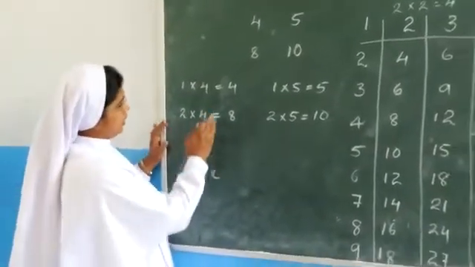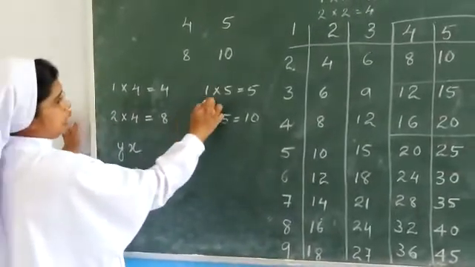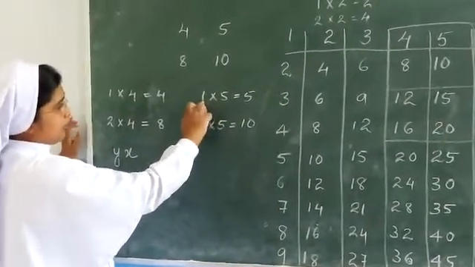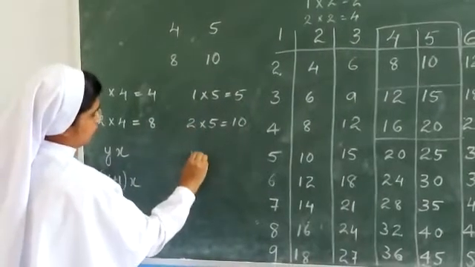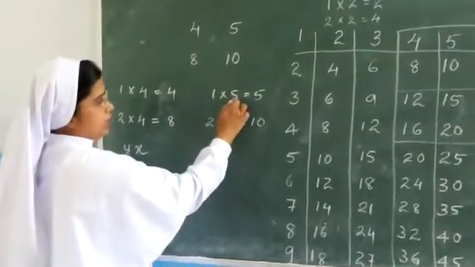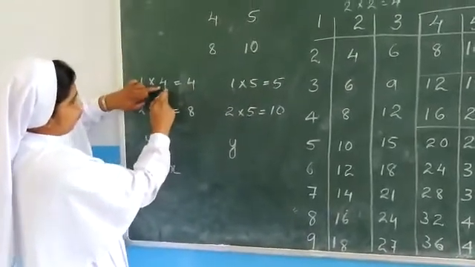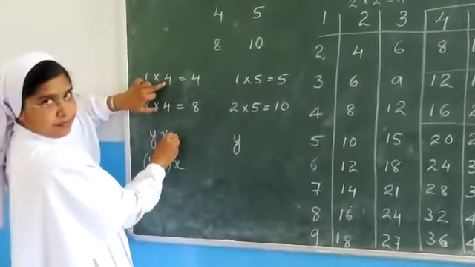Yeah. Now here, this part is over. Now let's see here. What happens here? Here also you are giving y. Y is 1. Now what happened here? It is 5. Here for 4 we gave x.